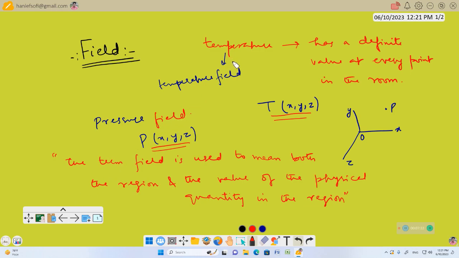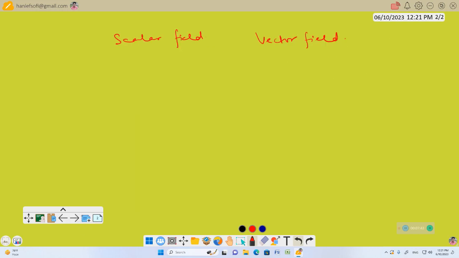So temperature is a scalar quantity, so it is a scalar field, right? Pressure is a scalar field, right? But when we talk of gravitational field, that comes in the category of vector field, right? So we can have a scalar field, we can have a vector field.